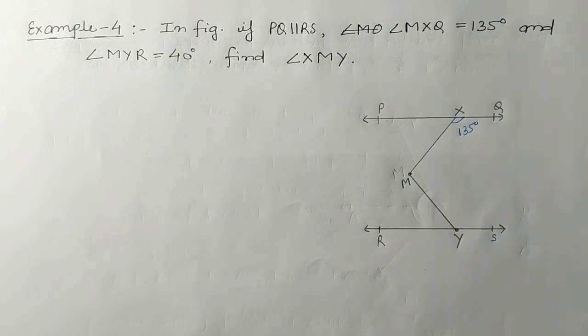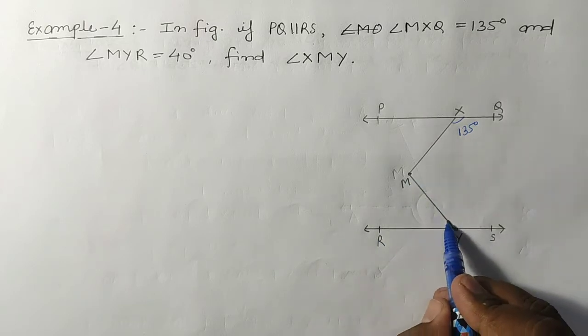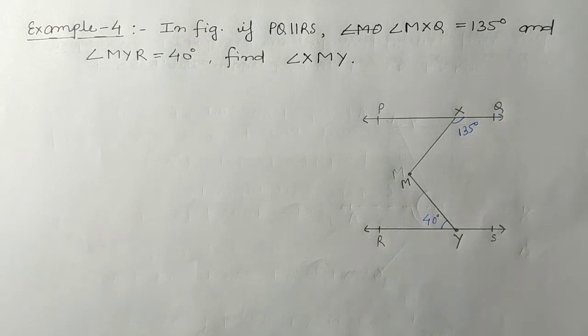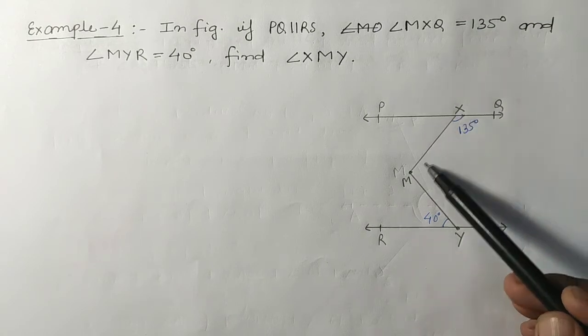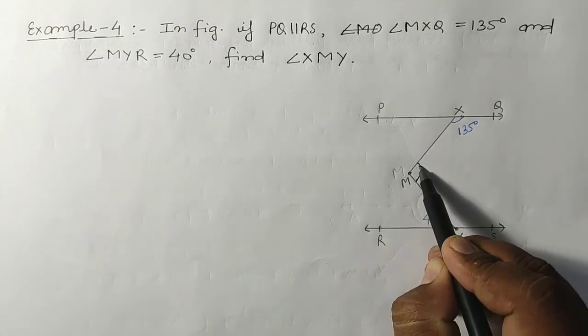And angle MYR is 40 degrees, meaning this angle is 40 degrees. We have to find angle XMY, this angle.